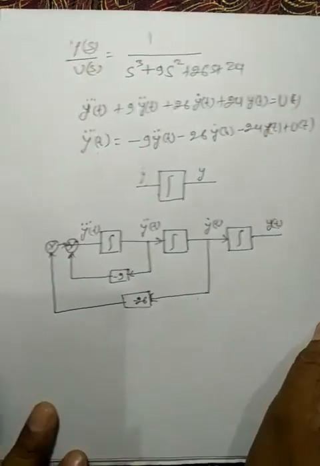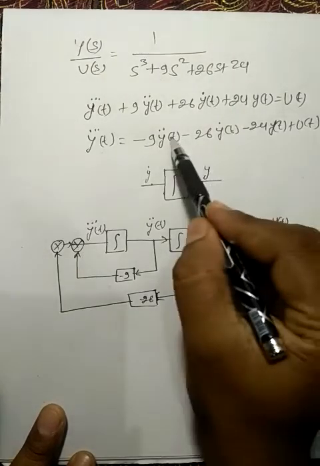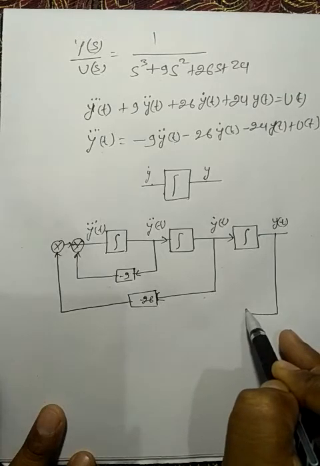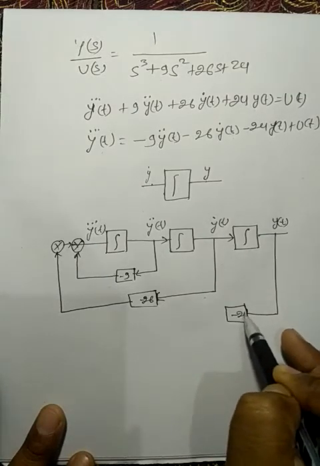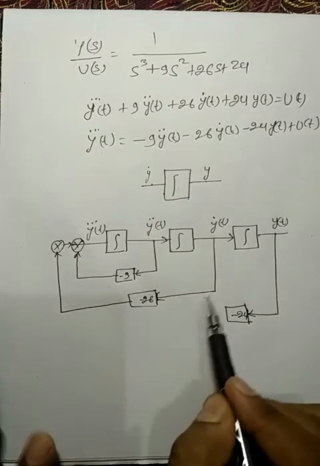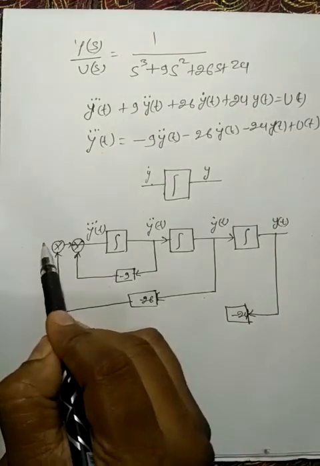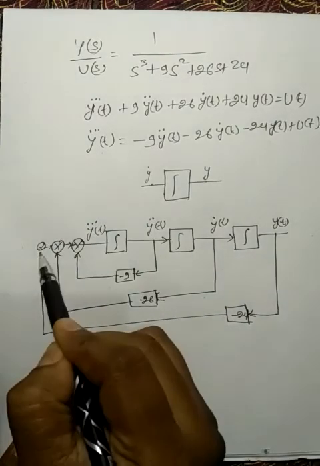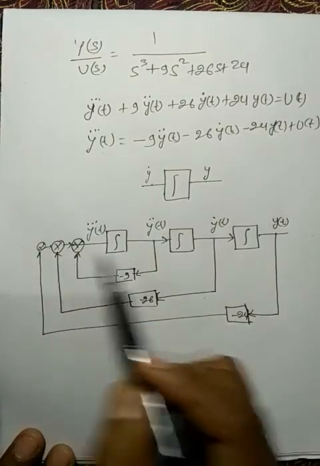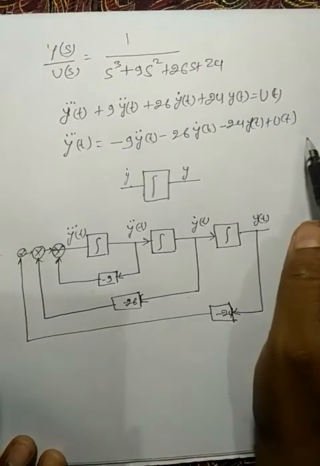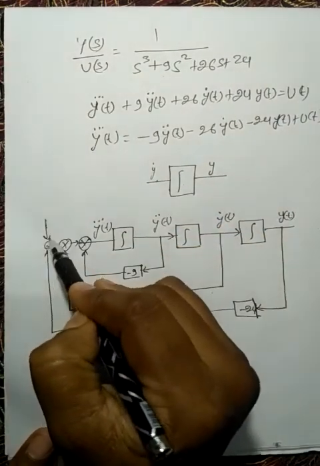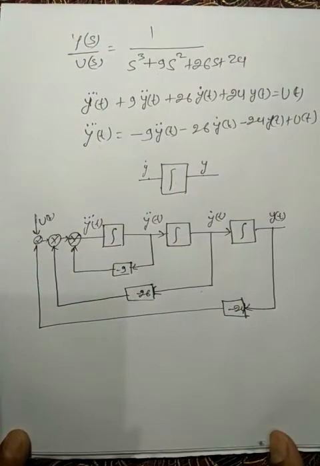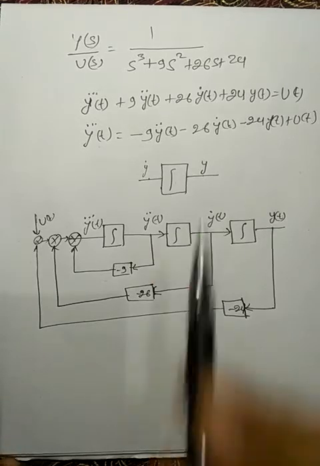And again minus 24 y(t), minus 24, y(t), and this will add up here. And plus u(t). So add u(t) here as an input. So this is our block diagram from this transfer function.